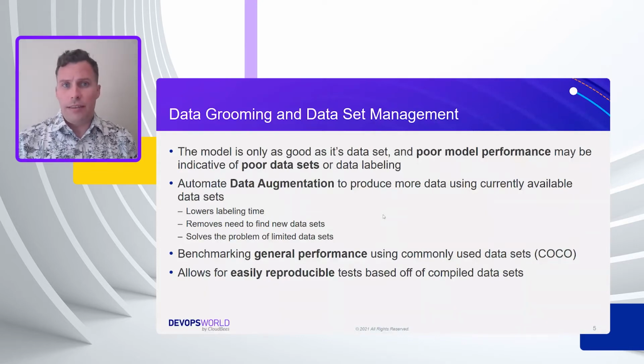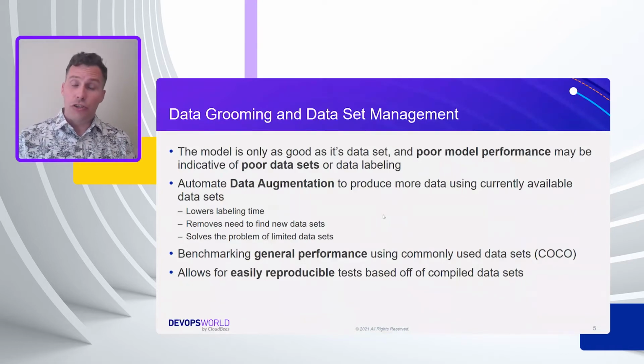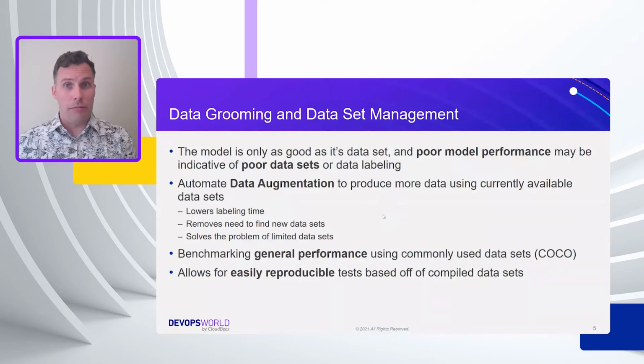I'm going to be using the example of data augmentation. For example, data augmentation is the idea that you can start with a small subset of data and expand it to where you get more explanatory outcomes from that small data set.